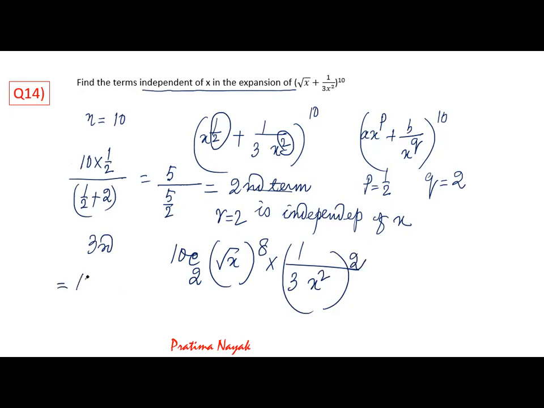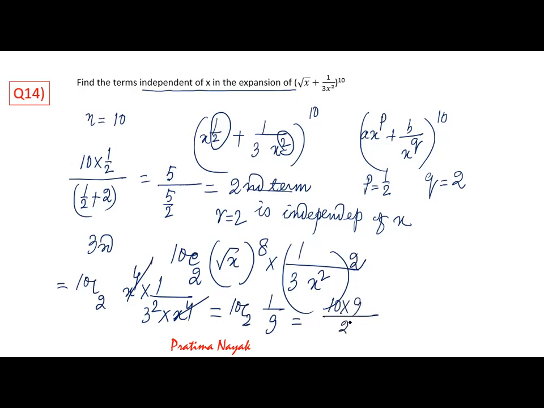So 10c2 x to the power 4 into 3 to the power 2 into x to the power 4. Are you getting it is independent of x? Yes, 10c2, then your 1 by 9. 10c2 is how much? 10 into 9 by 2, that is 45. So it will be 45 by 9, which is 5. This will be 5, the answer.